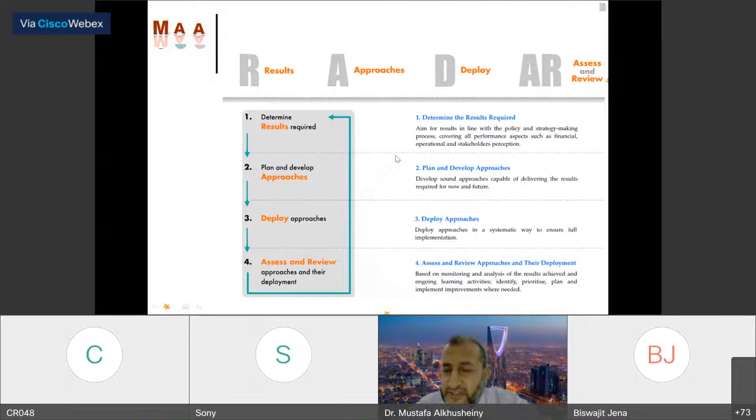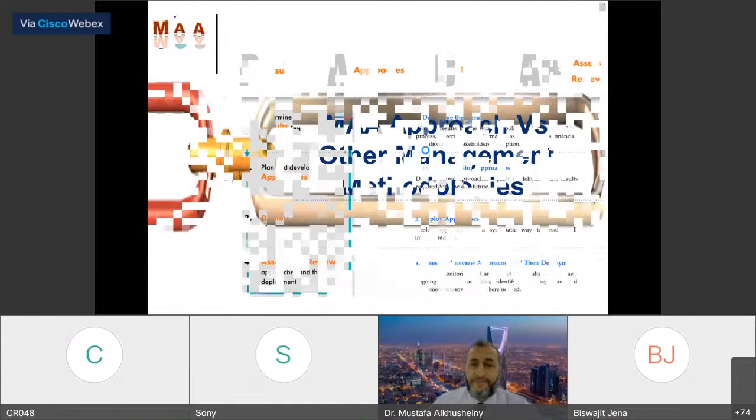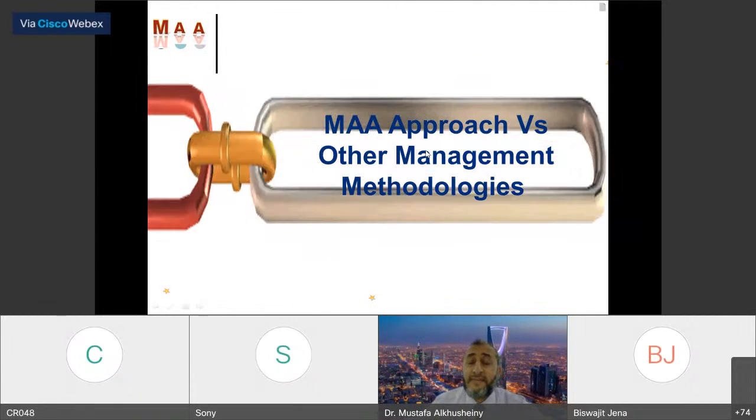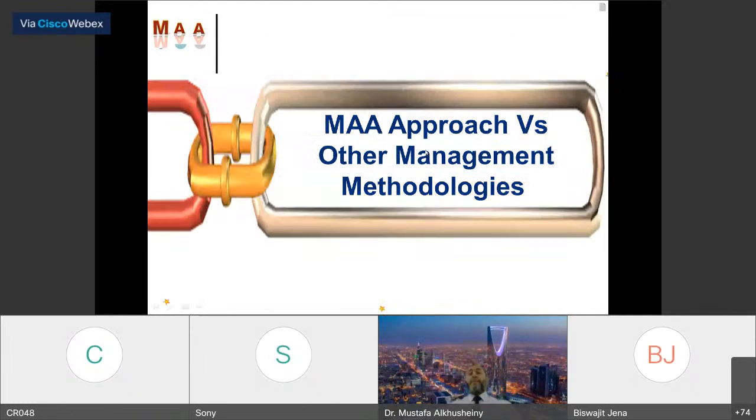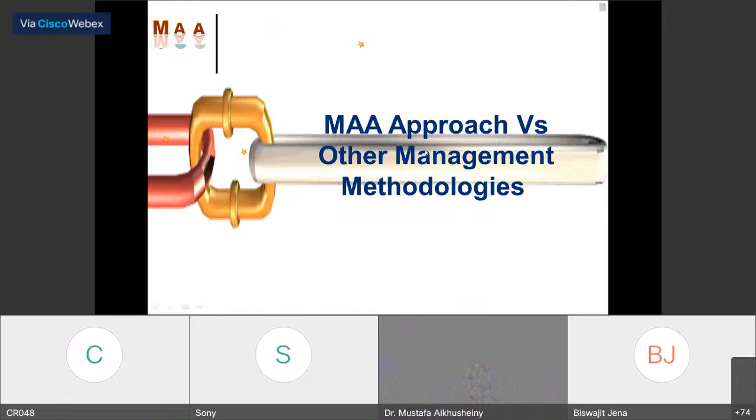Identify priorities, plan and implement improvements where needed. This is a fast view of any excellence model in the world.